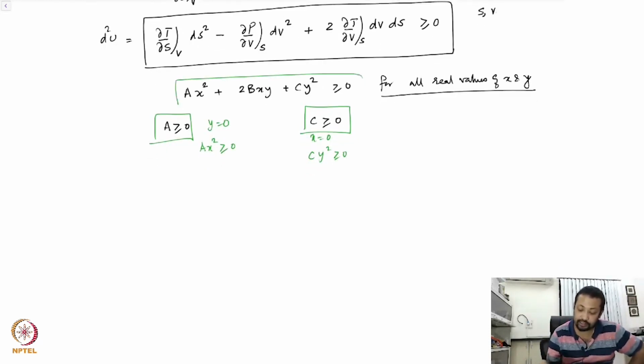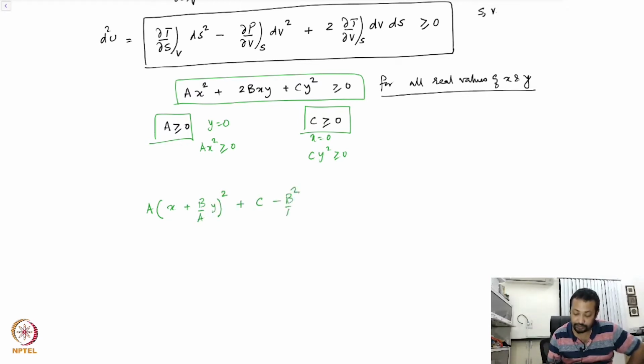I can recast this equation in terms of perfect squares. How? Well, that's a little bit of algebra that you have to do. So I can write this as a (x plus b over a y) whole square plus (c minus b square over a) y square. If you expand this expression, you will see that this is going to be a x square plus twice b x y plus b square over a y square plus c y square minus b square over a y square.